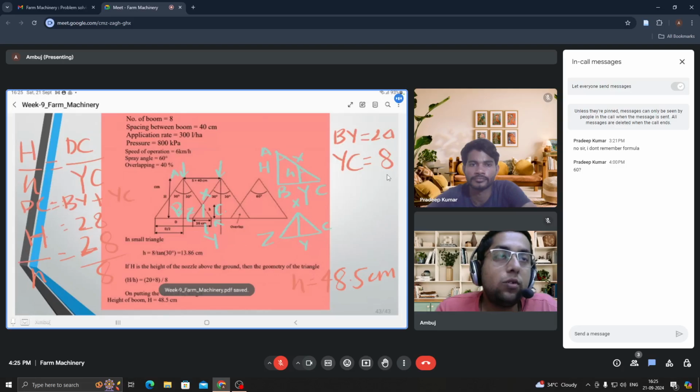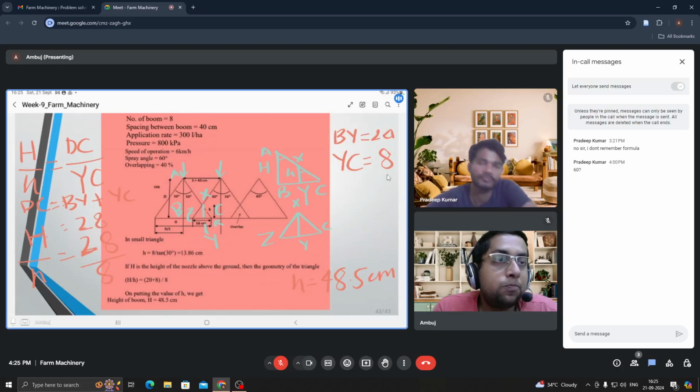If you are asked for the overlap, then this 16 centimeters that I have given you in this question, you take as x and keep it unknown, while from the other parameters you may be provided the height, capital H, from which the spray is coming.